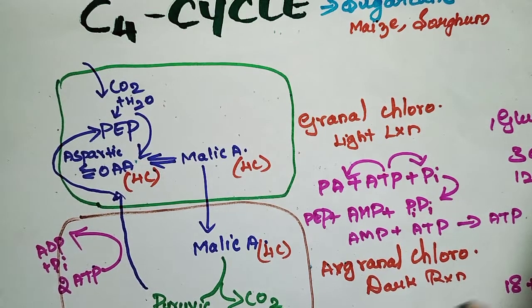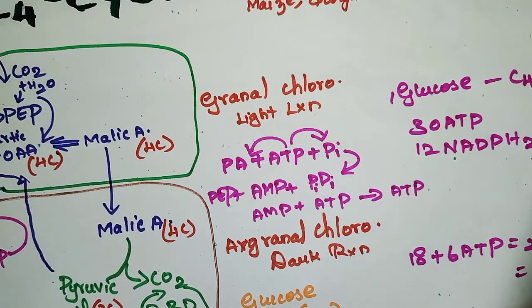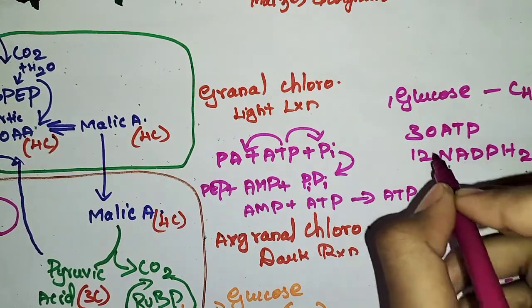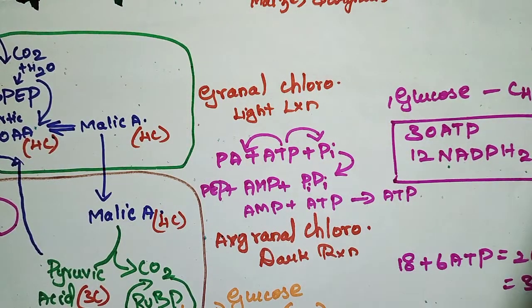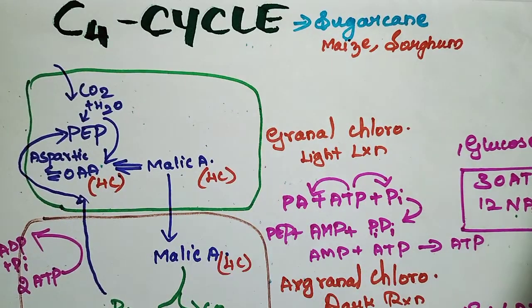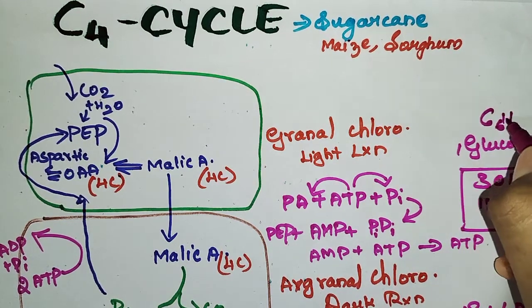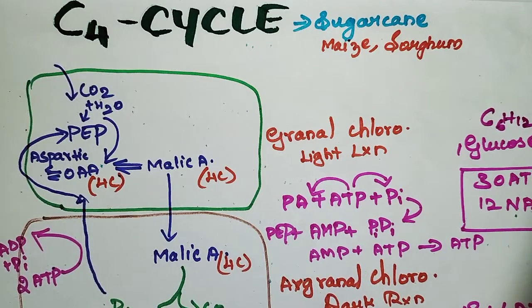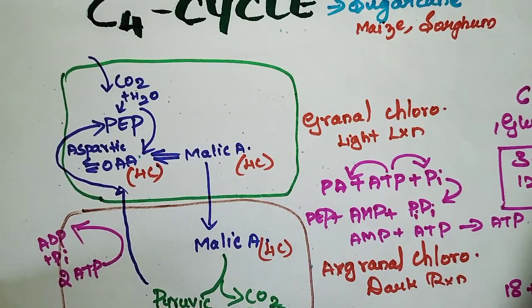Okay, so we will balance here, plus 6 equals to 30. Okay, so we get 30 ATP and 12 NADPH2 is used for fixation of one C6H12O6 compound. Okay, so this is our C4 cycle.